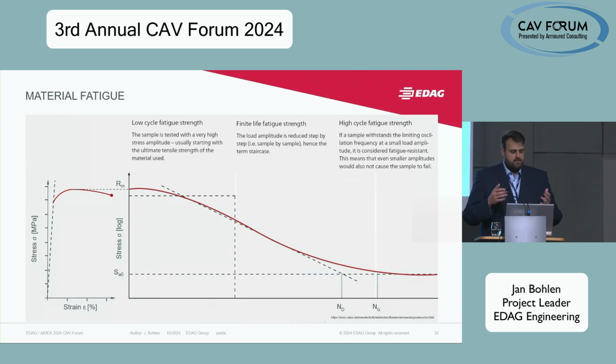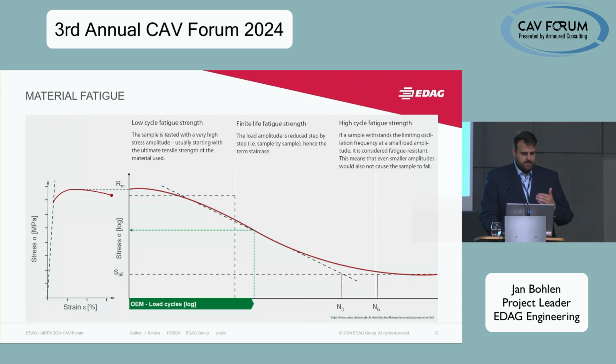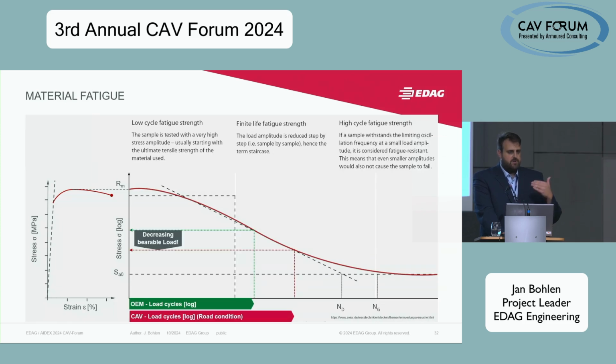Countermeasures like special wheels, special hinges, etc. Another way to read this diagram is you have the OEM number of load cycles the vehicle is designed for, so that gives you a bearable load for any part. But if you increase the load cycles in the same amount of time due to a road condition that is more harsh, you have more vibrations over the same amount of kilometers, then of course you have a decrease in the bearable loads.